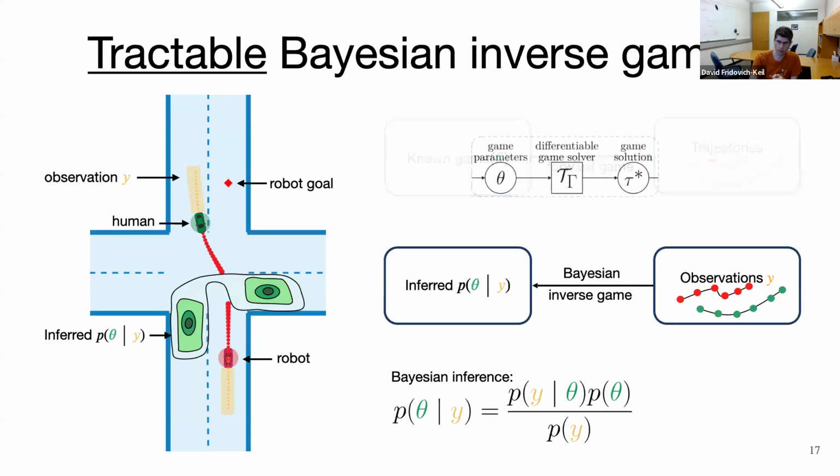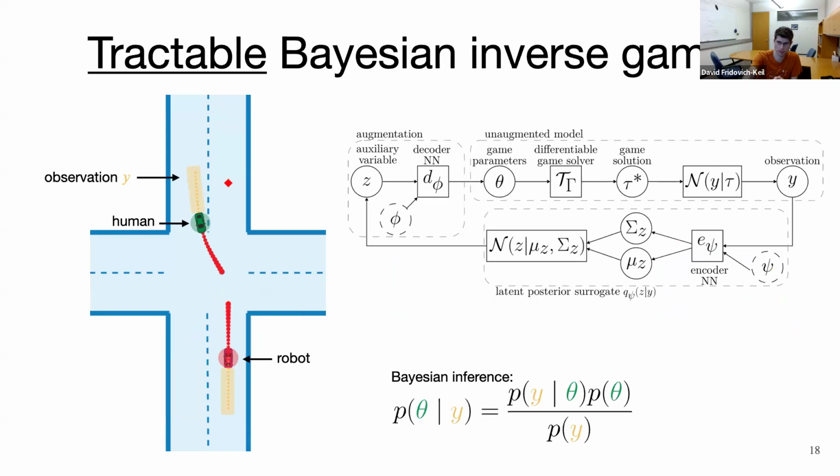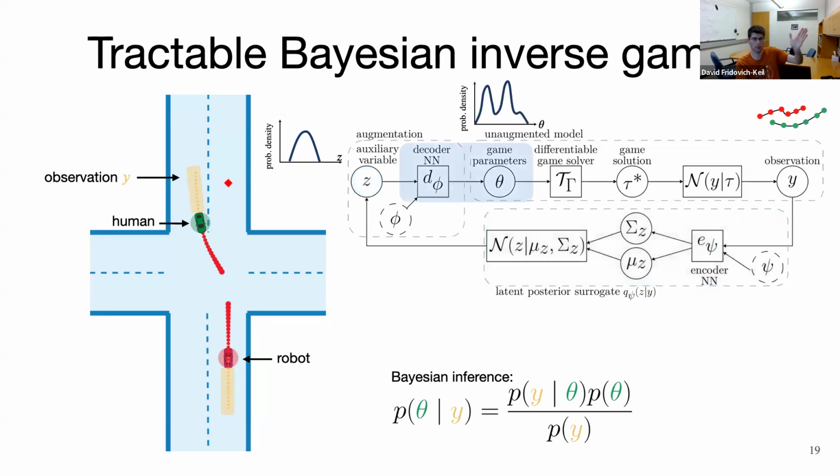And then the inverse problem turns into this bottom part. How does this work? If I give you an observation, some sensor measurement of trajectories that the drivers drove, there will be a neural network whose weights we'll learn with gradient descent. This encoder is going to learn the mean and covariance of a normal distribution in some arbitrary latent space. Then there will be another neural net whose parameters phi we'll learn that maps that latent normally distributed variable into the game parameters, theta.